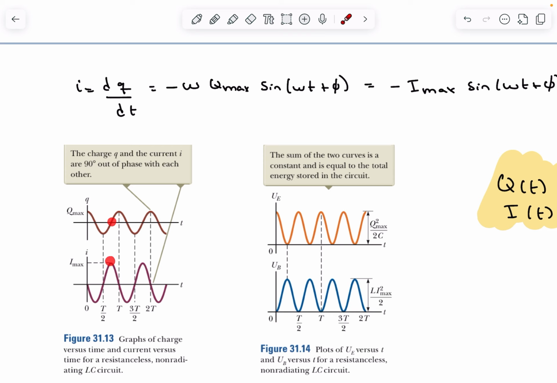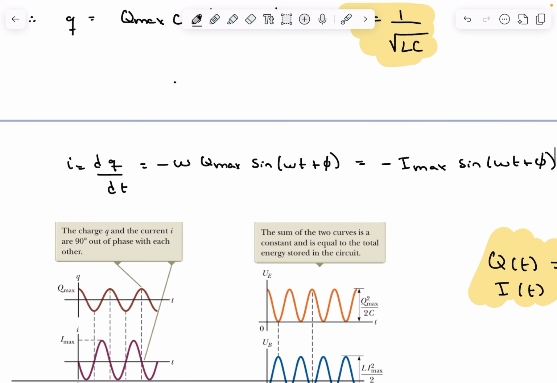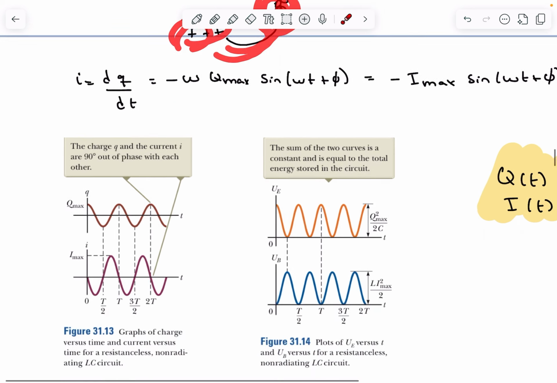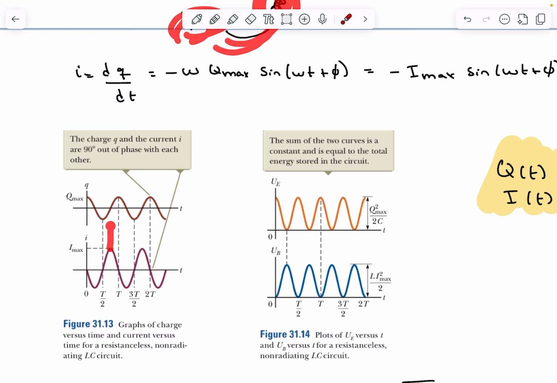And that happens whenever we had all of that charge getting moved. So here we had our plates, and all of that charge was running through our inductor. So we were losing all the charge here and then gaining all of that in terms of current, like it was all moving like so. So that's at this point right here.